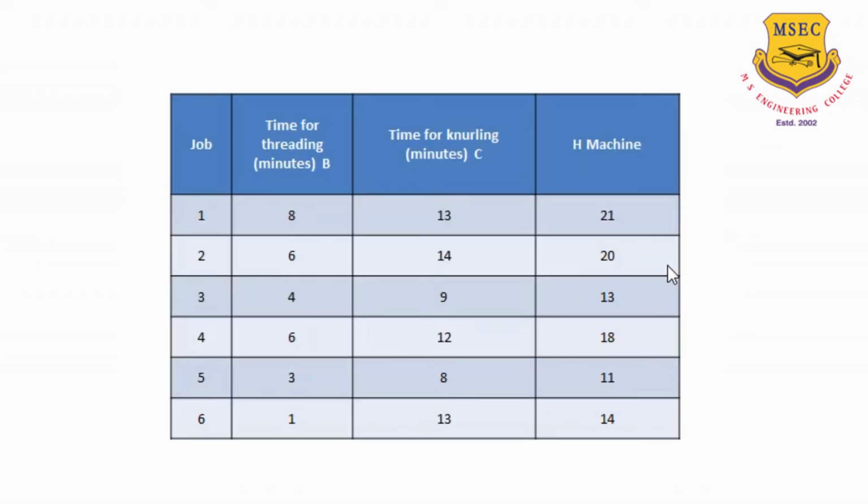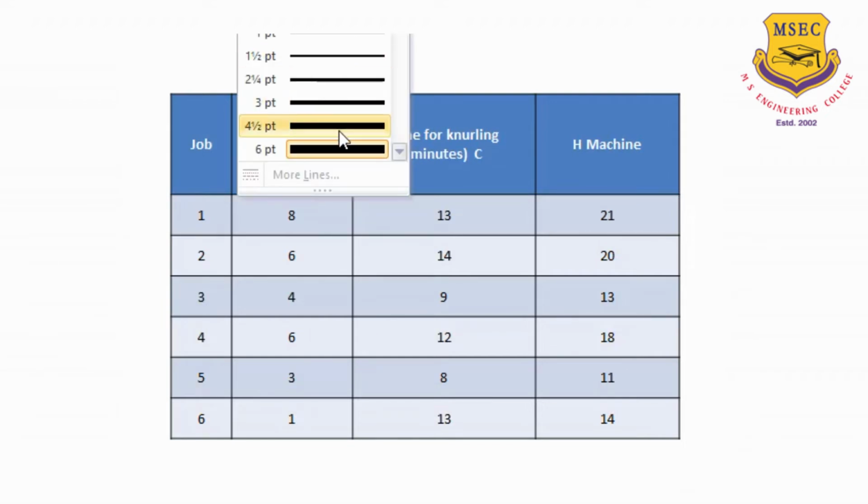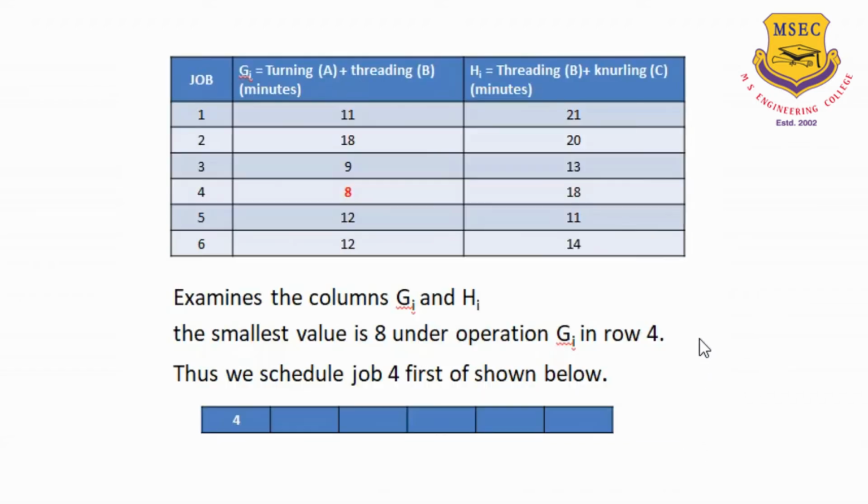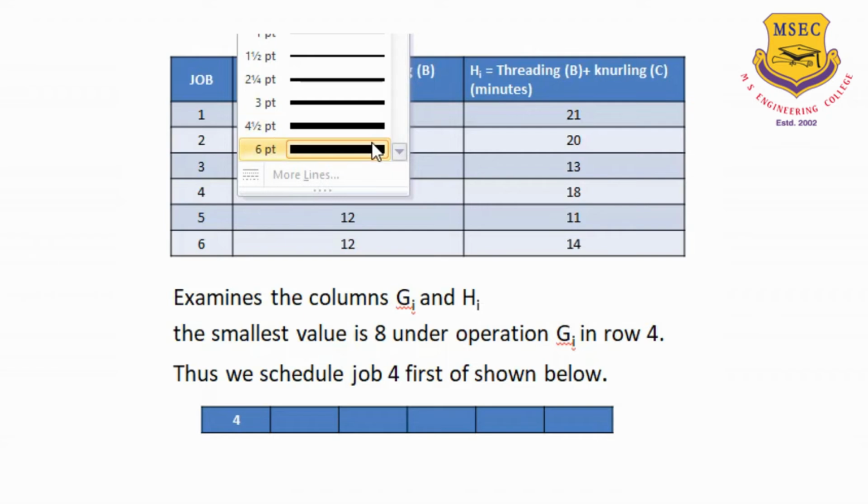Next, we add the time for B machine and the time for C machine to get the time for H machine. That is 8 plus 13 is equal to 21 and so on. So now we convert this problem into a 2 machine problem, that is G and H. This conversion we are only doing to get the sequence.